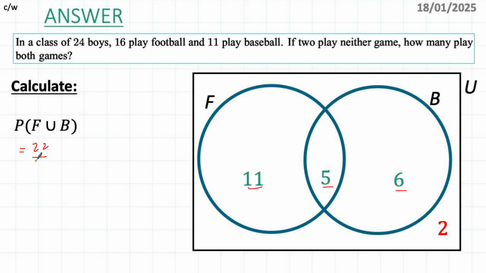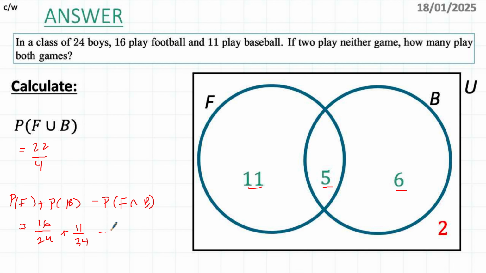Or I can use the addition rule, which is the probability of F plus the probability of B minus the probability of F intersect B. And that will be, the probability of F would be 16 over 24, plus 11 over 24.